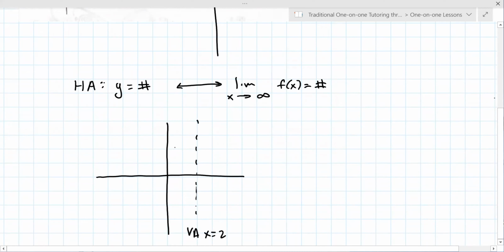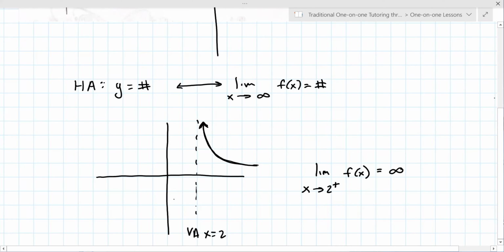And it can mean a lot of things, but let's say the graph does this like that. I could ask you, what is the limit as x approaches 2 from the right? So 2 from the right means from this direction. And what y value does it approach? Okay. Positive infinity. I see.